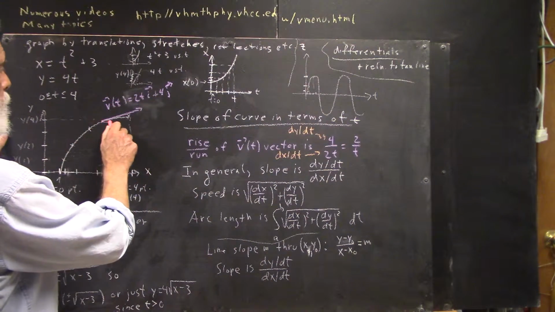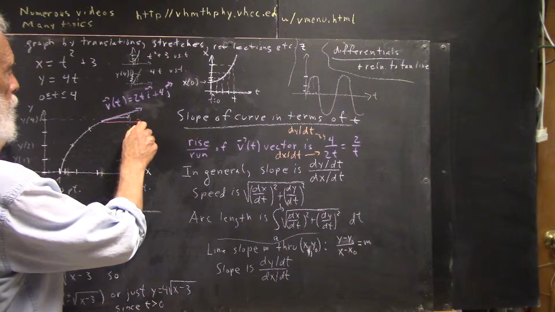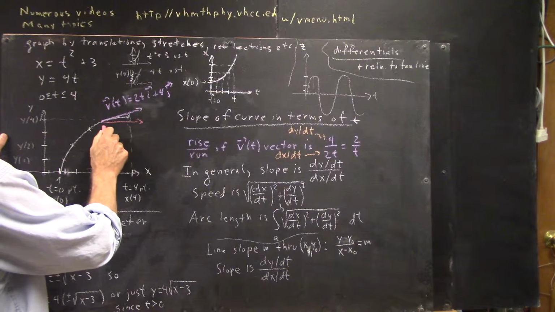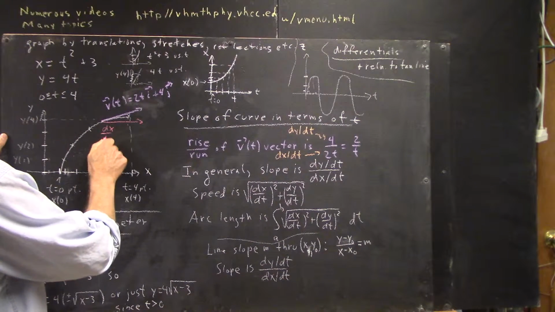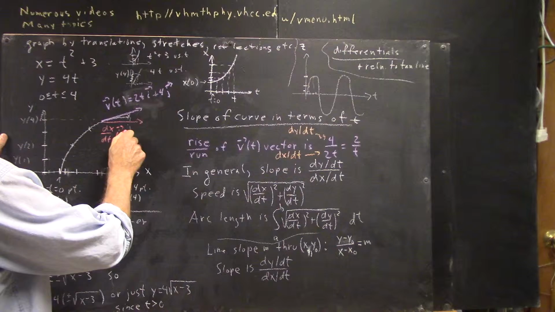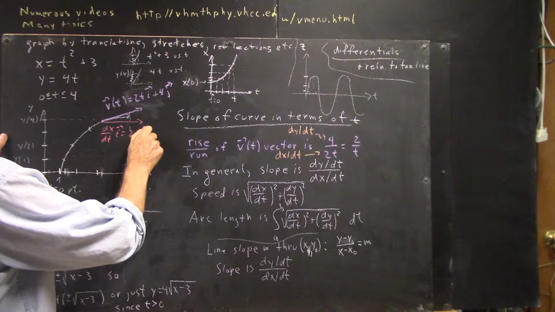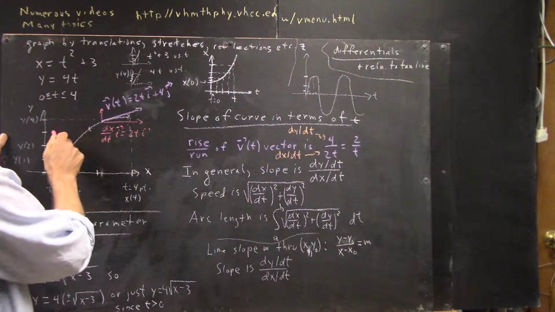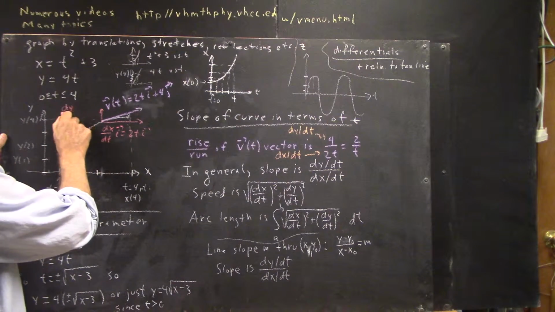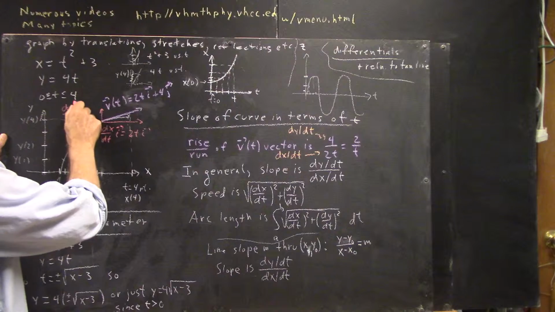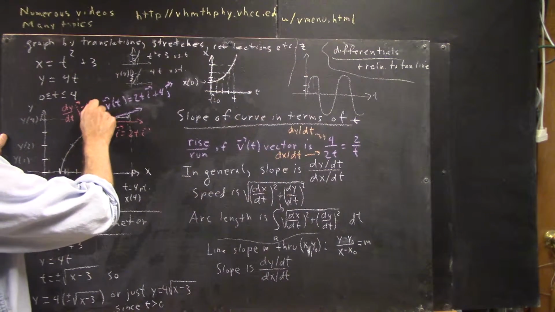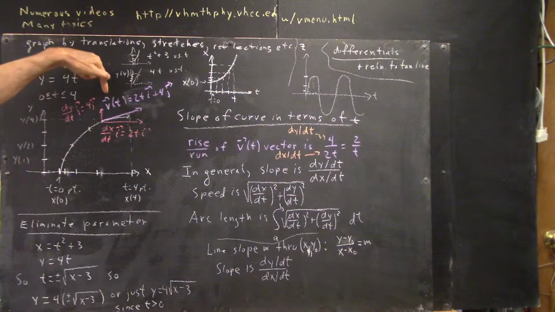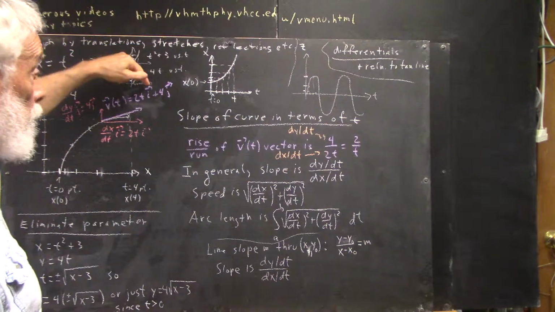You have this vector, which could be interpreted as dx/dt times i, which is 2t times i, and this vector, which is your dy/dt j, which is just 4j. The resultant of these two vectors is just the v of t vector that you see here.